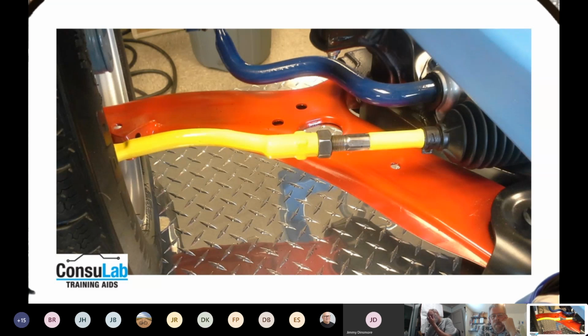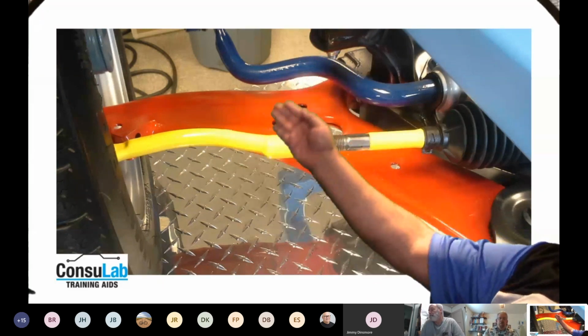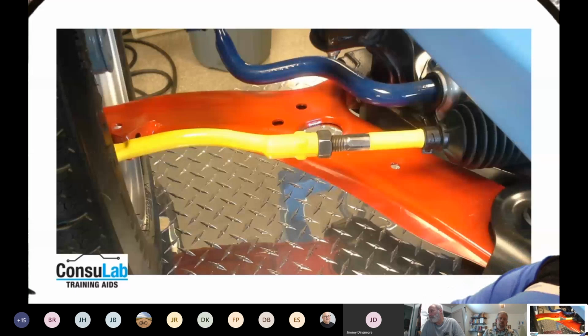So as this tie rod moves up and down, the control arm moves up and down, they're going to travel in arcs, and the arcs of them will be different based on the two different lengths of them. But what we really want is to have the arc that they travel the exact same on both sides.